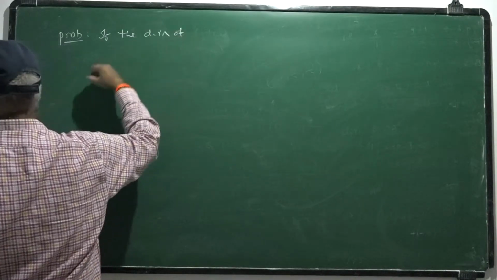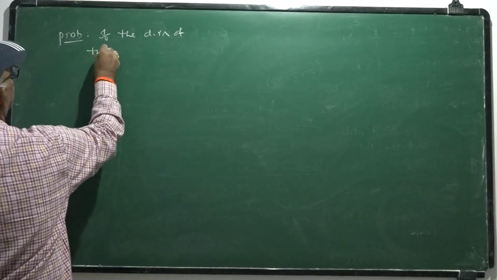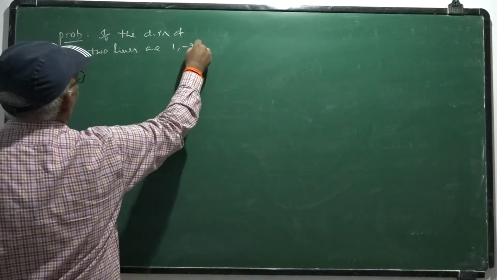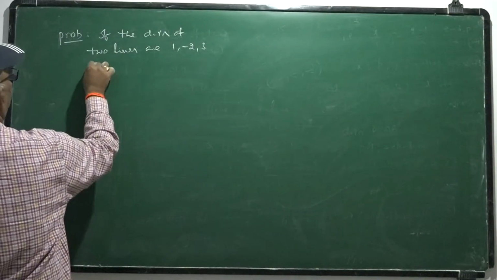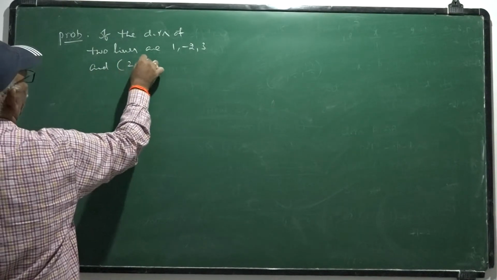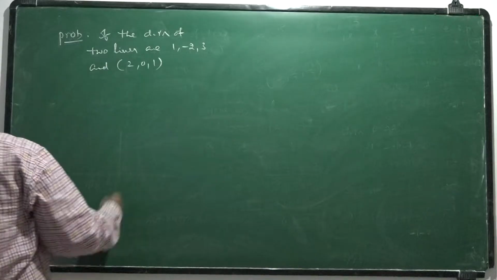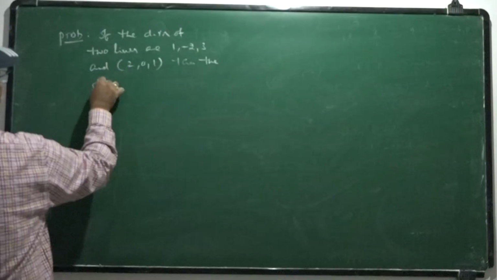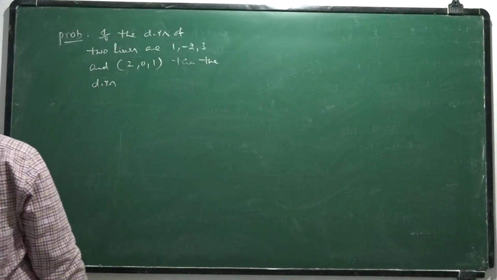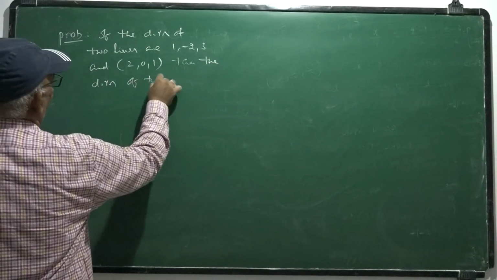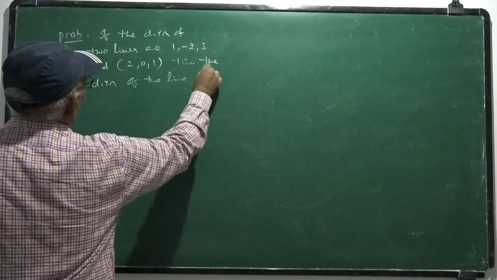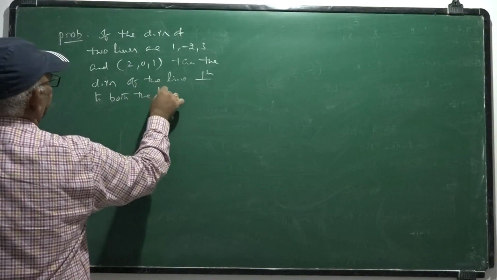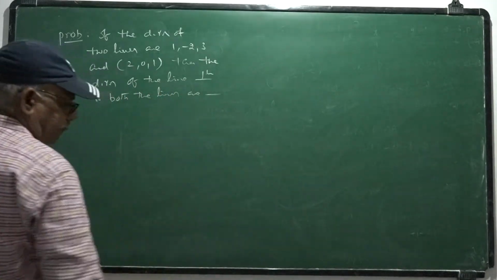If the DRs of two lines are 1, -2, 3 and 2, 0, 1, then find the DRs of the line perpendicular to both the lines.